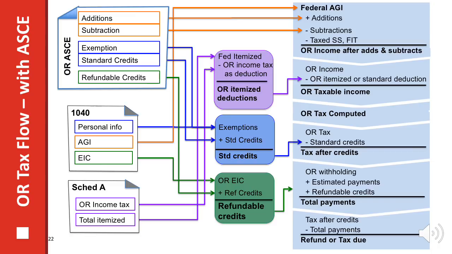Any information we do on additions, subtractions, or credits, which we'll talk about in a later module, will show up on this form. Each one has a code that can be cross-referenced to the Oregon worksheet I showed you in a previous slide. But everything else is the same as on the simple return. Let's take a closer look.